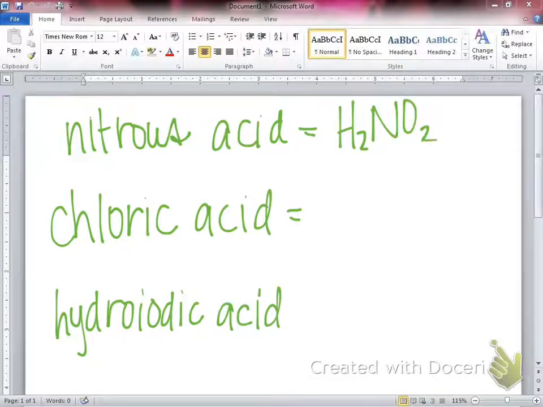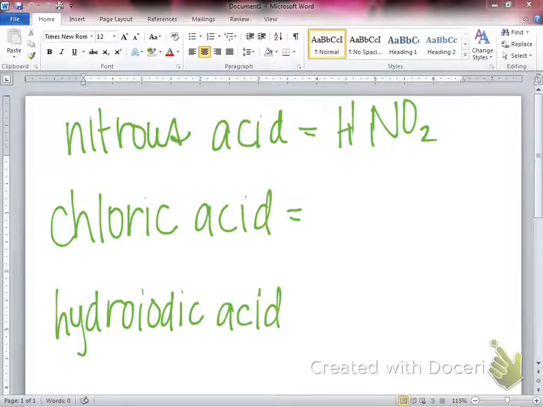Do we agree? It's okay. So NO2 minus, which means all that's going to change is going to be HNO2, right? We only need one hydrogen to balance out the nitrite molecule. So we should have HNO2 for nitrous acid. Now, do we agree? Good. Okay. Nitrite is NO2 minus 1.